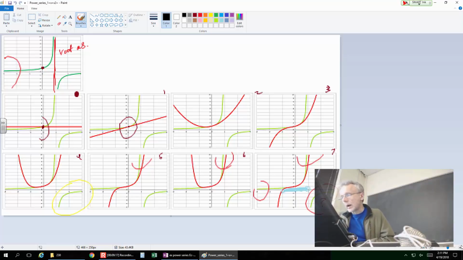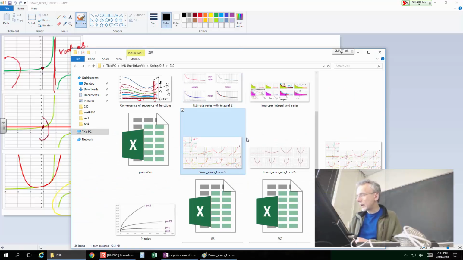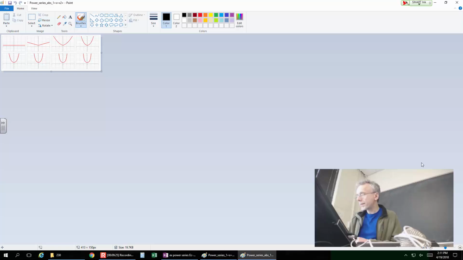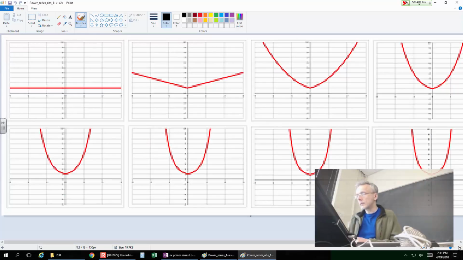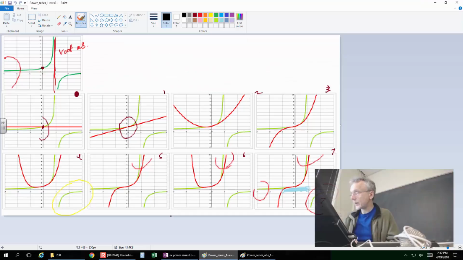But what happens if I attach absolute value? This is what happens. The picture changes slightly, like this. Same sequence. So what happens to the absolute value? The degree 0 and degree 1 linear becomes V-shaped. The parabola is cut. Compare back to the third picture from the left.